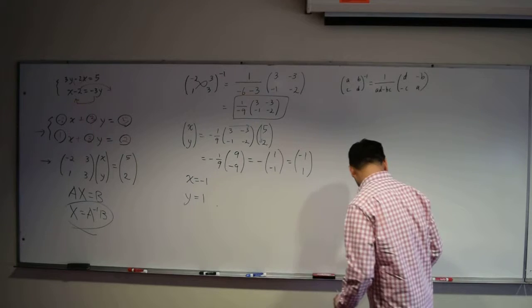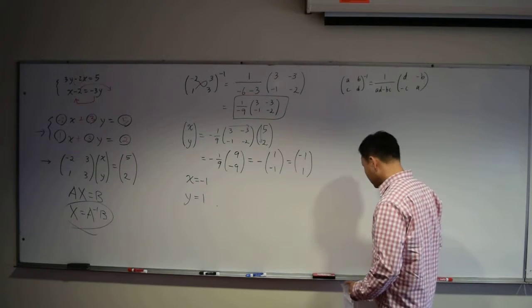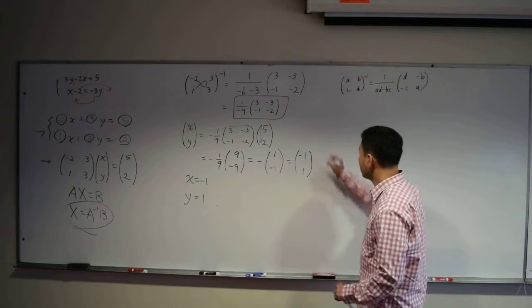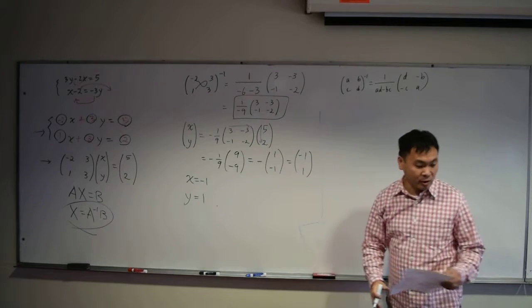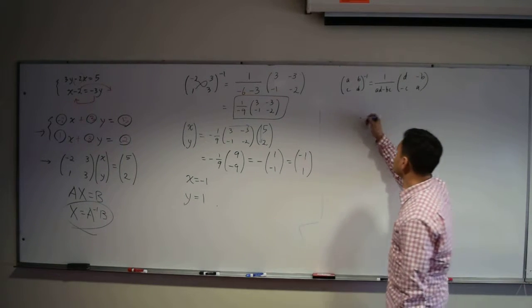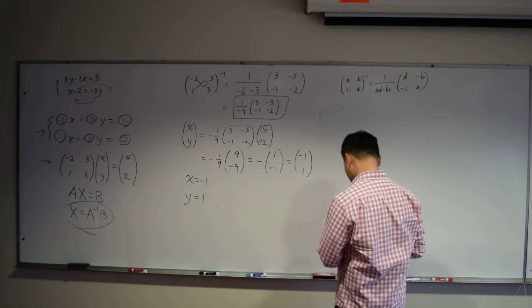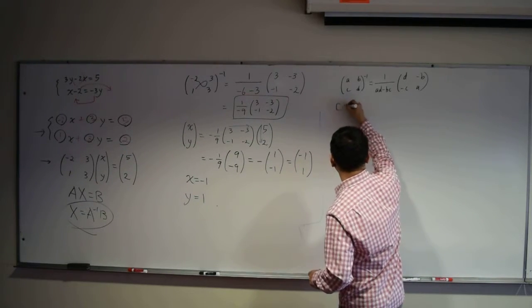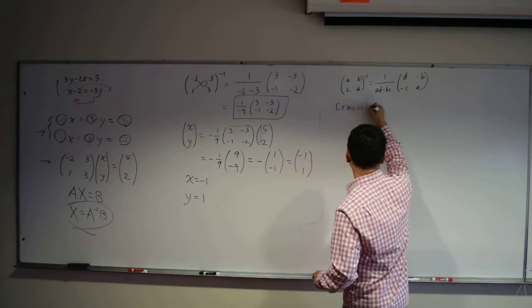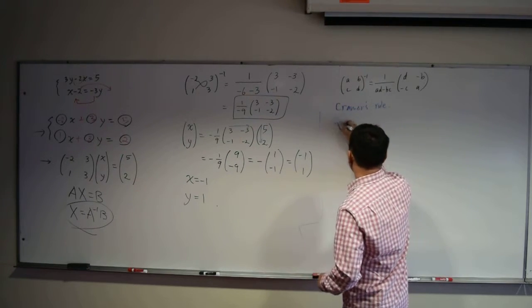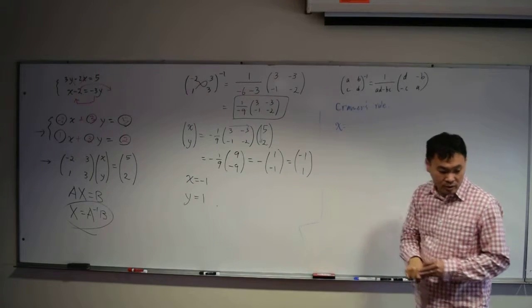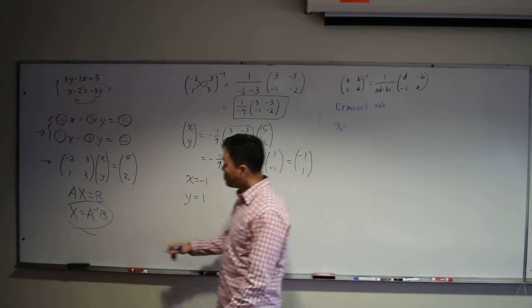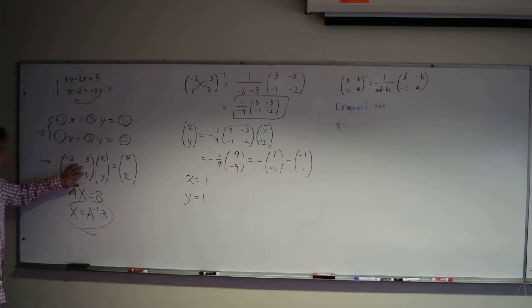Now compare this with Cramer's rule. Let me briefly talk about Cramer's rule. What's Cramer's rule? Cramer's rule says x would be taking the matrix of coefficients, and you replace.